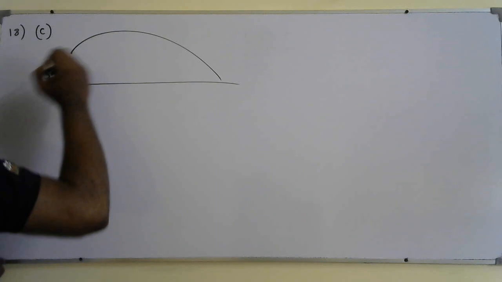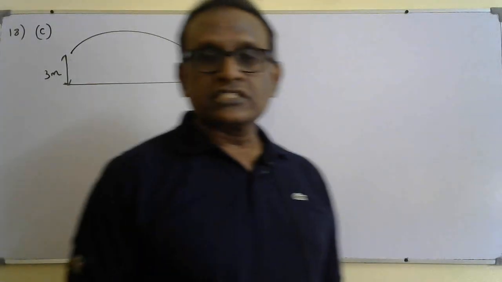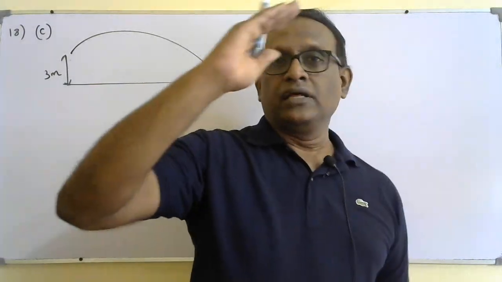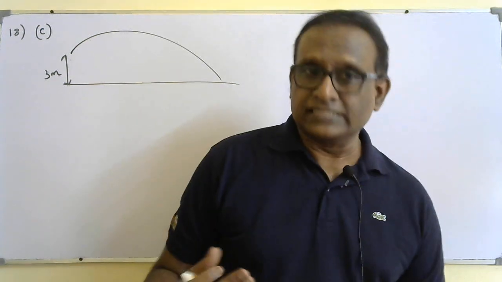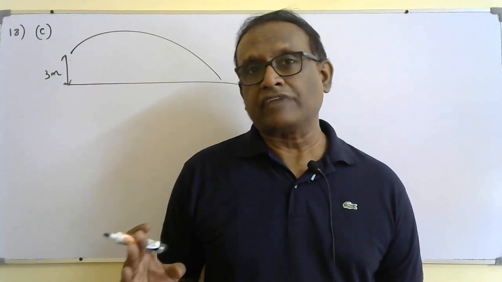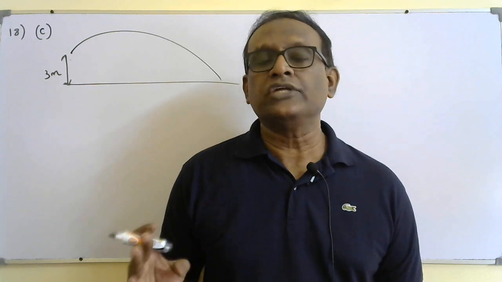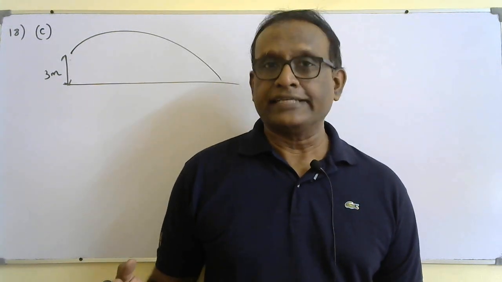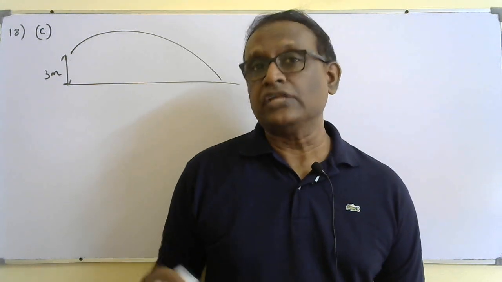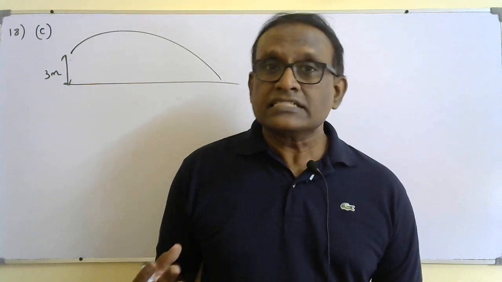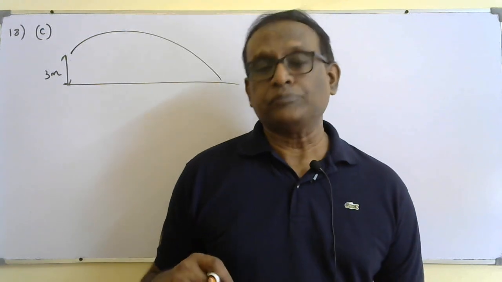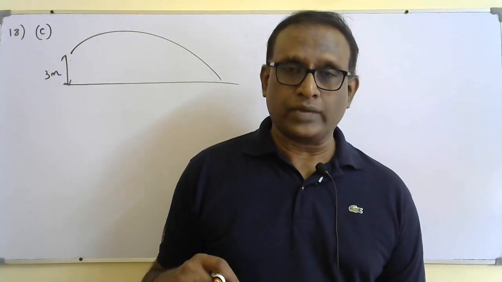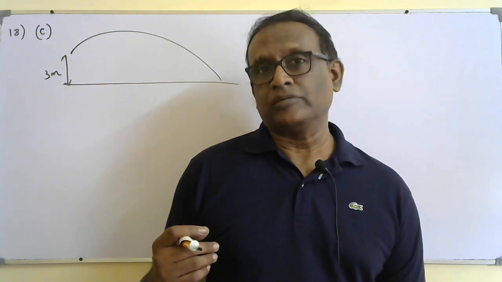So when there is drag force, when he is moving up, earlier, if there is no drag force, there will be deceleration only due to the gravitational acceleration, which is 9.81 meter per second square. But here due to the drag force, the deceleration will be more than 9.81 meter per second squared.